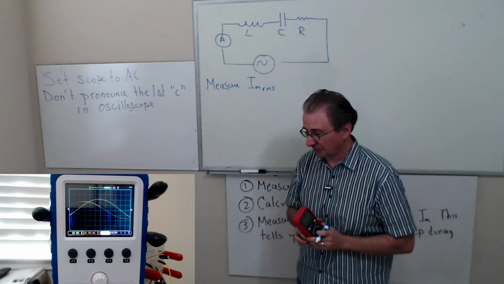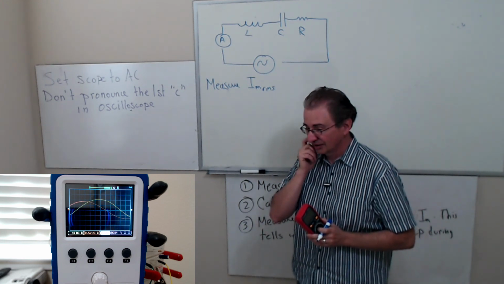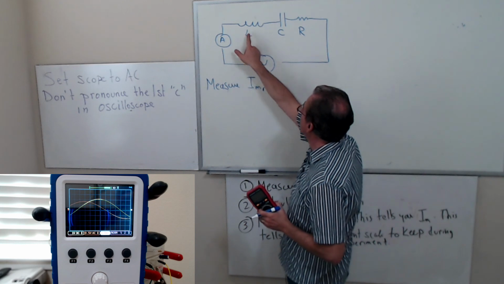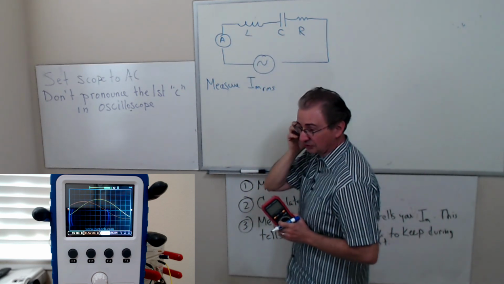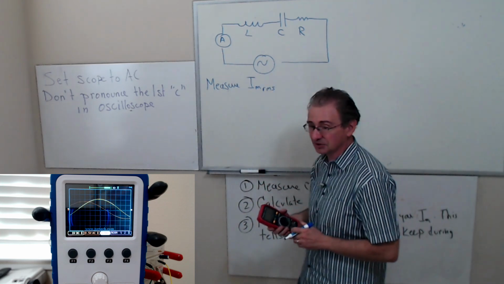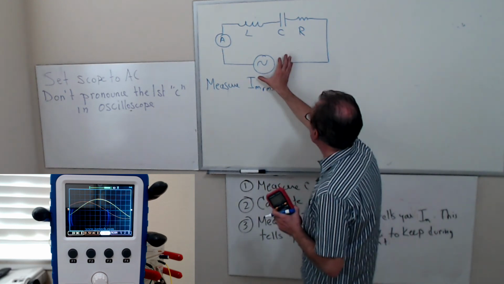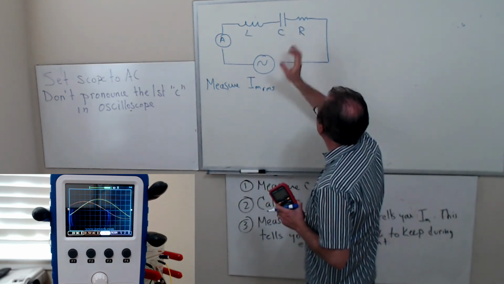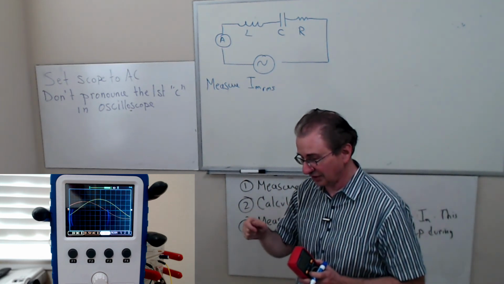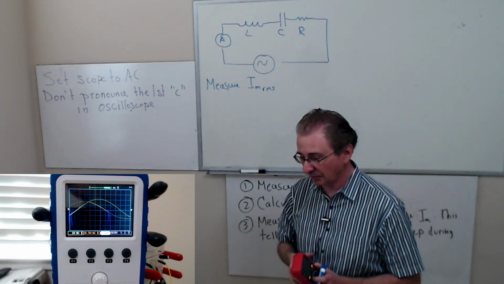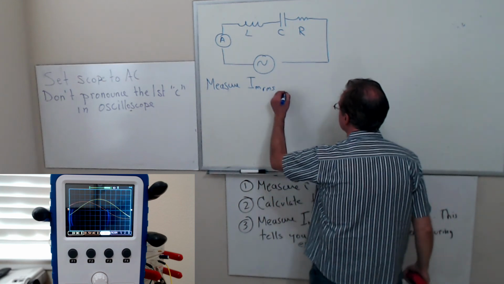When we do this on campus, we set up 5 multimeters. One to measure the current, one to measure the voltage across this guy, one to measure voltage across the capacitor, one to measure voltage across the resistor, and one to monitor the power supply voltage. And then you also have a scope hooked up across the power supply voltage and the resistor. So there's a lot of instrumentation that's used when we do the experiment on campus. We can't do that because this experiment would be very expensive.